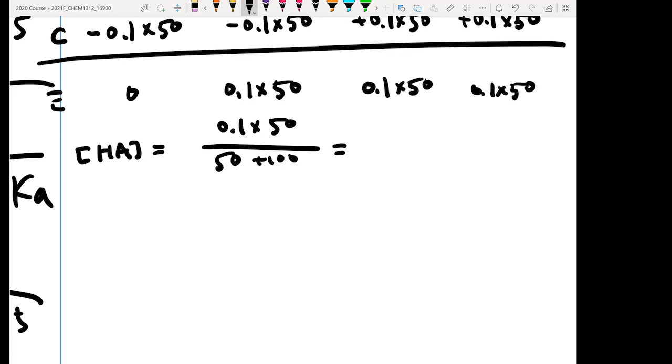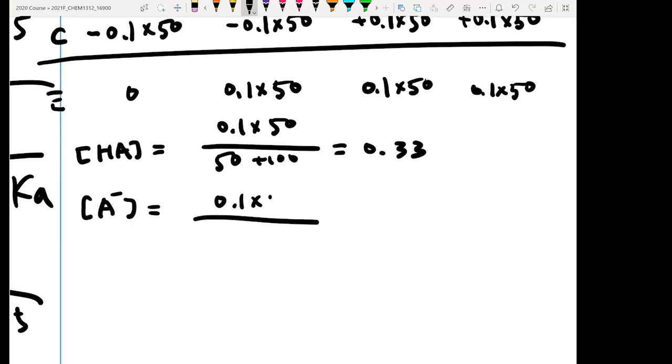So the concentration of your HA is 0.033. If you calculate your A minus concentration, the number of moles is again 0.1 times 50, and the final volume is 50 plus 100. It also gives you a concentration of 0.033.